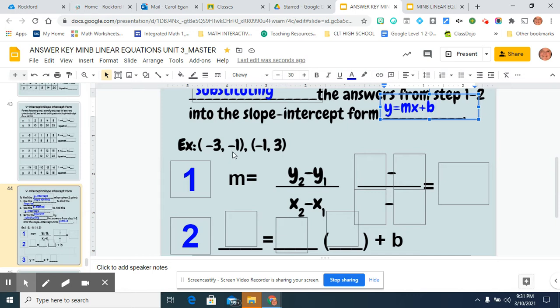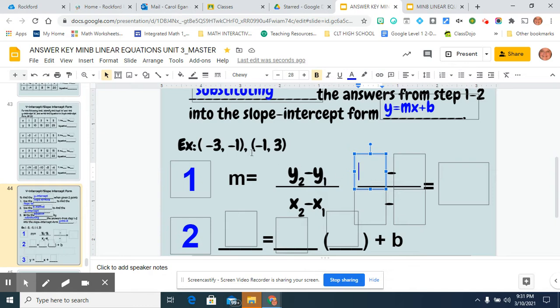We are given the points, or ordered pairs, of (-3, -1) and (-1, 3). So if we remember correctly, the slope formula is y of the second point minus y of the first point over x of the second point minus x of the first point. So I'm just going to make this first point point 2 and the second point point 1.